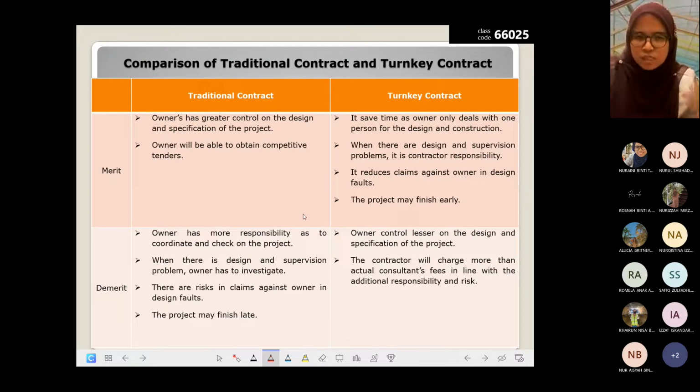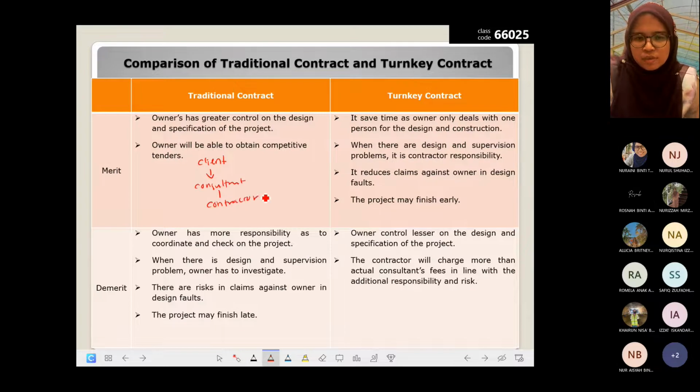Okay, the comparison of the traditional contract and turnkey contract. So traditional contract, the owner has a greater control on the design and specification of the projects because of the traditional tu owner ataupun klien kan. So dia bagi terus dekat consultant, and then consultant akan hire contractor lah.